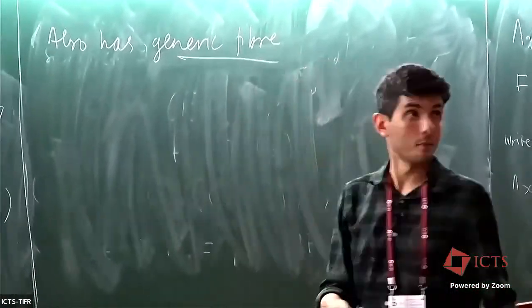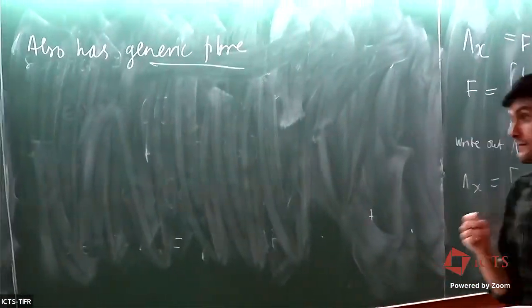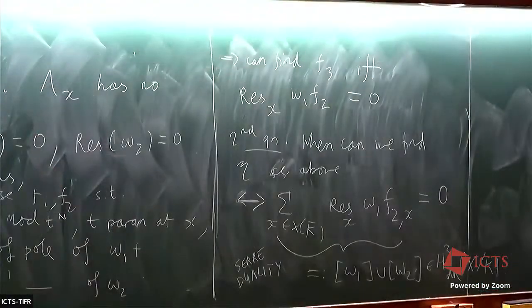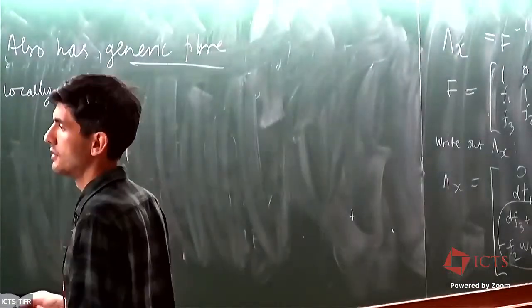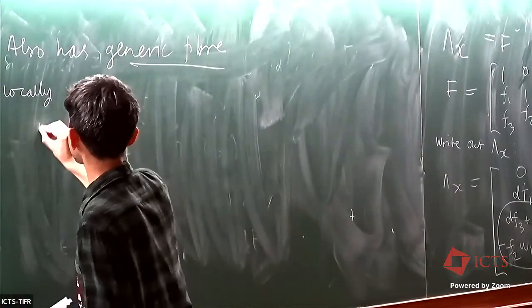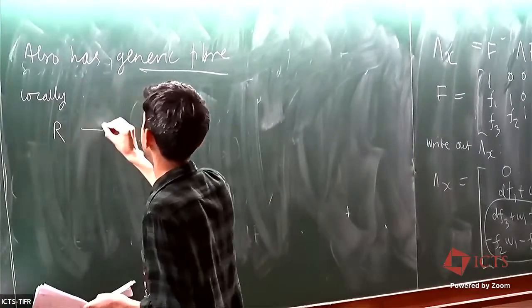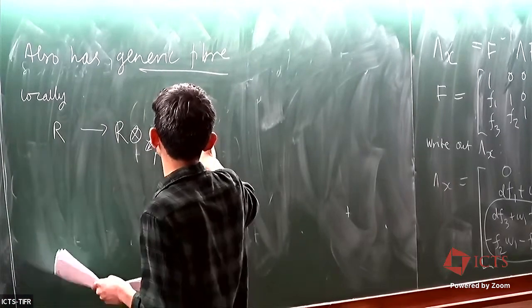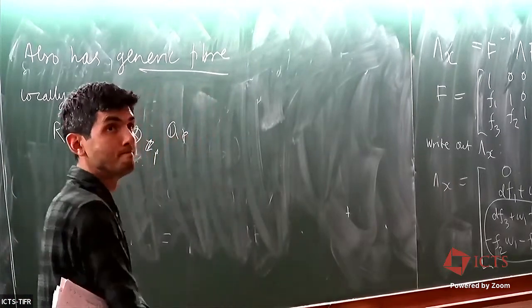And this generic fiber will be a rigid analytic space. And so locally, we take our complete Z_p algebra R, and we just tensor it. Not completed tensor, just normal tensor with Q_p.